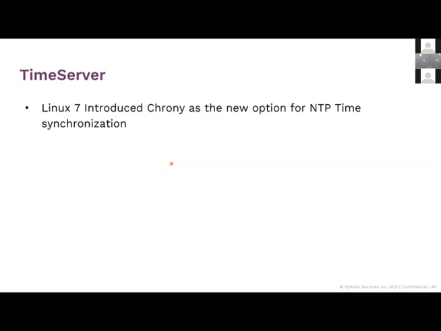Now, the daemon in the Linux world, everything is in terms of daemons, right? The daemon associated with time in Linux 7 was previously NTPD. That was the old daemon, and now they've come up with an enhanced version of it called chronyd. That's the new option for NTP time synchronization, as they call it. What we've noticed recently when migrating and upgrading is that there are a lot of problems in the CRS logs.